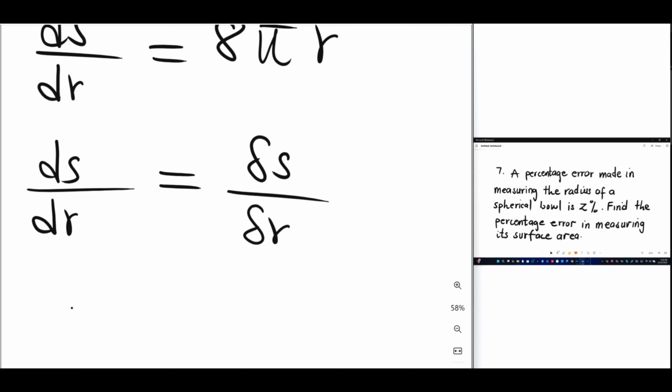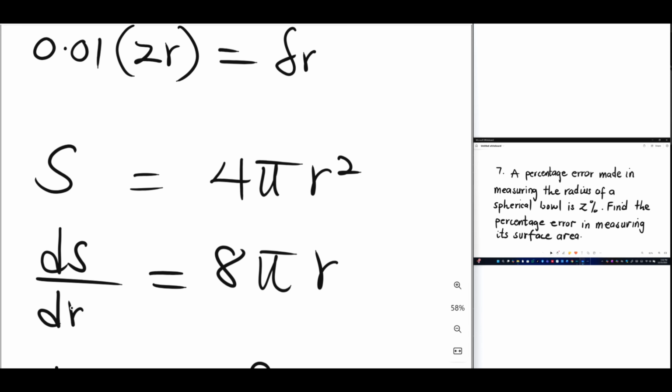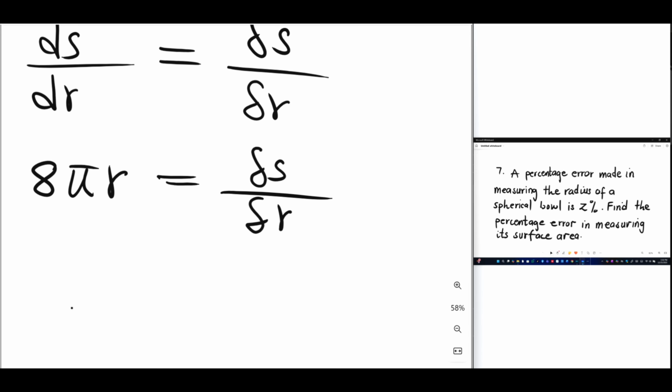So we know our dS/dr to be 8 pi r. We are going to equate 8 pi r to our small change in S divided by our small change in r. But we know our small change in r to be 0.01 ZR, so we are going to substitute it. Let us cross multiply first.